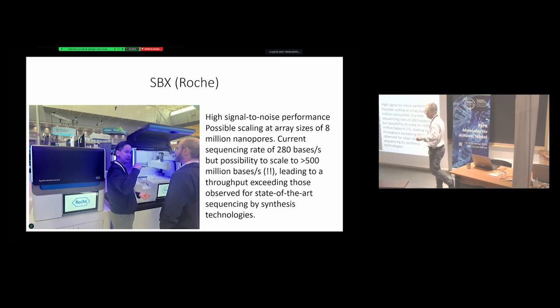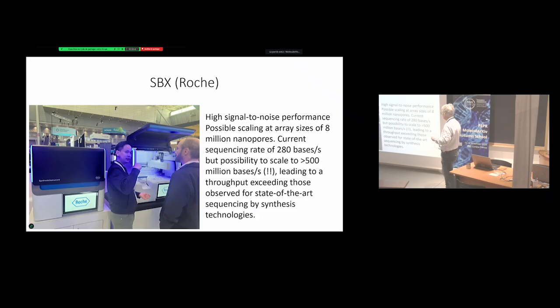You have here an illustration of that. It will be an expensive one, but they are claiming the possibility to scale to the size of 8 million nanopores, and probably with an output of 500 million bases per second.